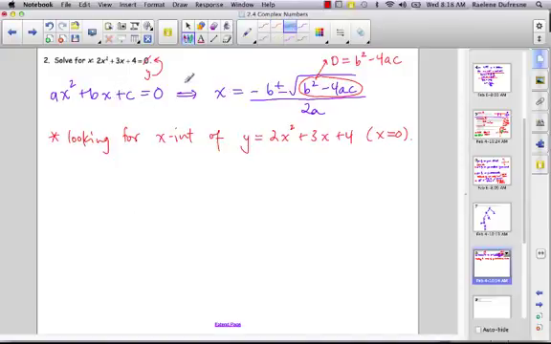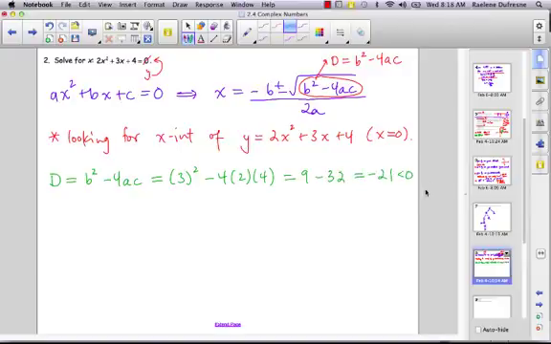Before I try factoring, I want to see what the discriminant is. So the discriminant is b squared minus 4ac, which is going to equal 3 squared minus 4 times 2 times 4. And we get 9 minus, this is going to give me 16 times 2 is minus 32. And this is equal to negative 23, which is less than 0.